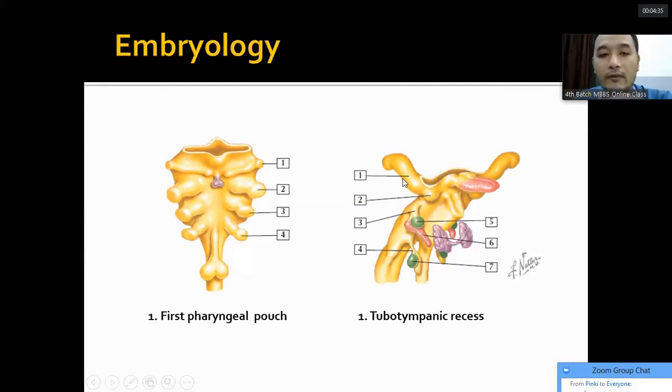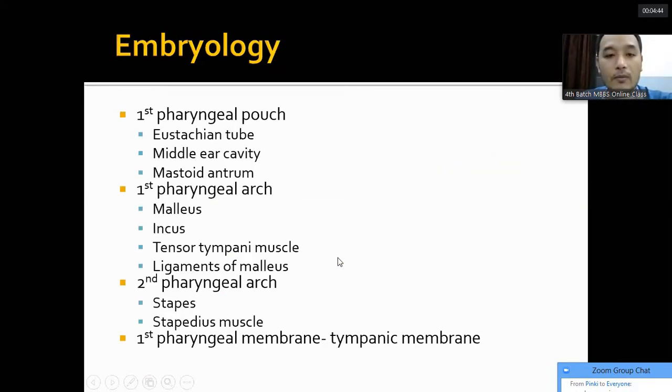The development of the middle ear starts from the 3rd week and is complete by the 30th week of gestation. From the first pharyngeal pouch, the endoderm extends superolaterally. It forms the Eustachian tube or pharyngotympanic tube, also called the auditory tube. It also expands to form the middle ear cavity, and further extends to form the mastoid antrum.